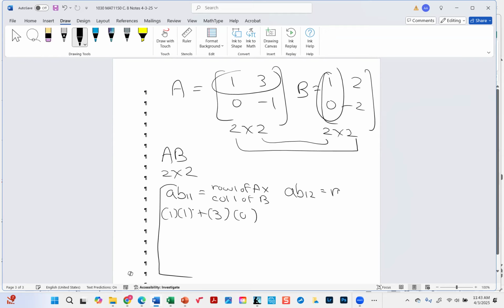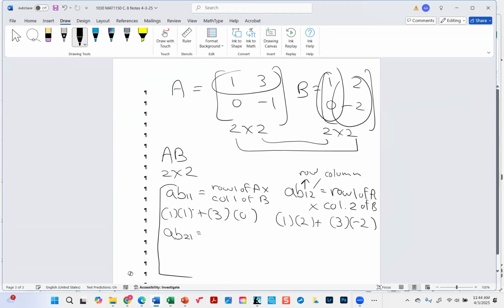AB12 is the first row of A times column 2 of B. You can tell by the subscripts what you're doing here. That's going to be the first row by the second column: 1 times 2, 3 times -2.